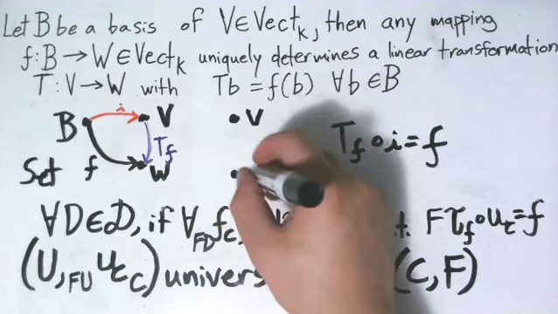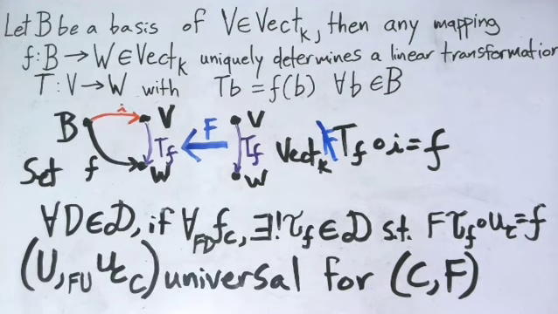But then, if there's only a unique way for T of f to be determined to make this equation work, then of course there's also only a single T of f that gets mapped by the forgetful functor into T of f, namely of course itself, because F of T of f is just T of f because it maps everything to itself. So notice that we've actually shown exactly the universality property here.